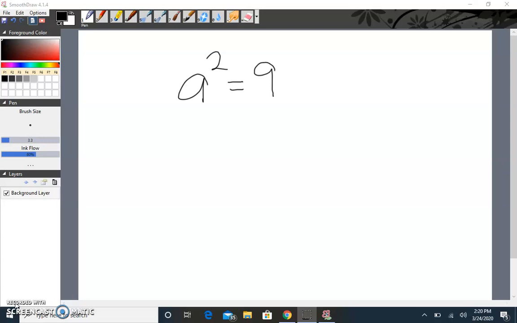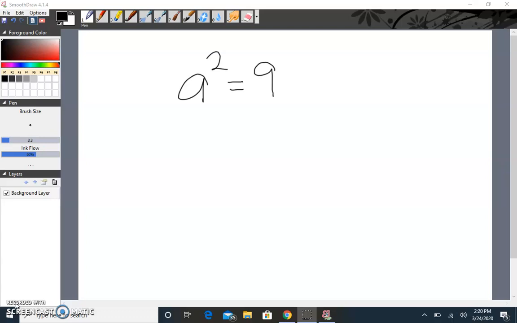We have a squared equals 9. Now, in our mind, what squared would equal 9? Some of you, boom, you're going to get it right off the bat. You know the exact answer. But even if you don't know the exact answer, which is always the fail-safe way in equations, follow our principles. We're trying to get a by itself, where there is a equaling something, and that will give us our answer.